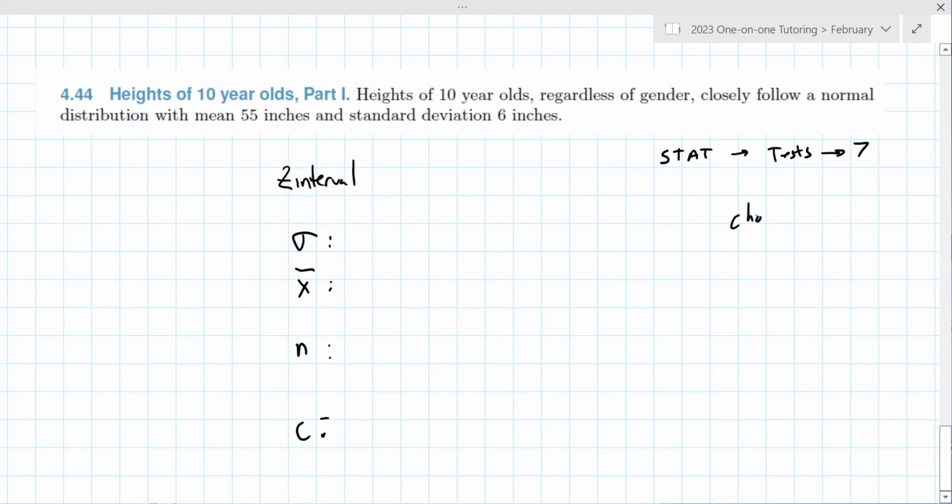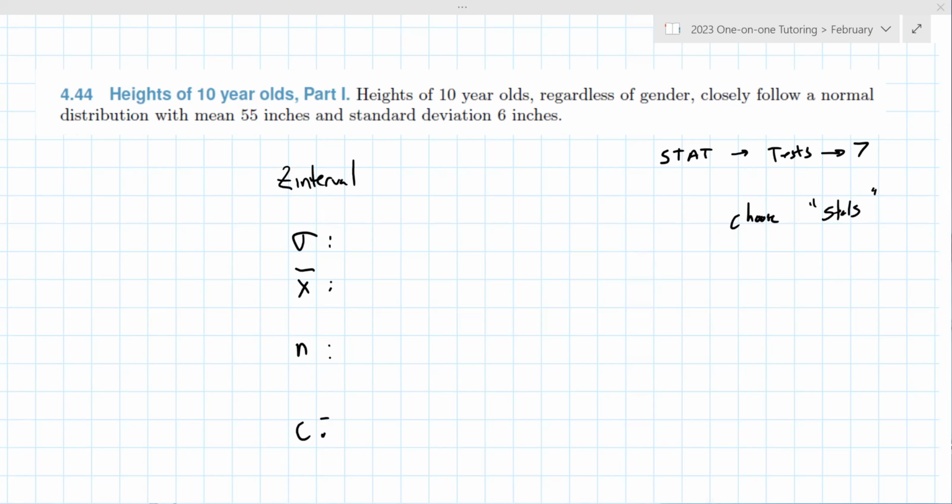And then you have to choose, what do you have to choose? You have to choose the stats instead of the data. Are you seeing something that looks like this? Is sigma, X bar, N, and C? Yes, I do. Okay, fantastic.